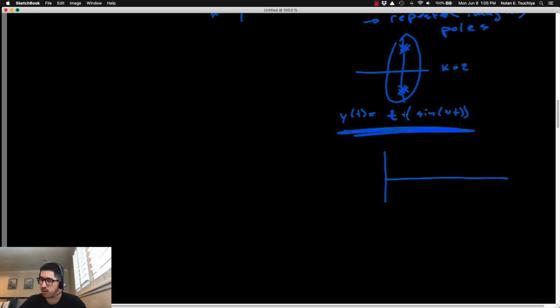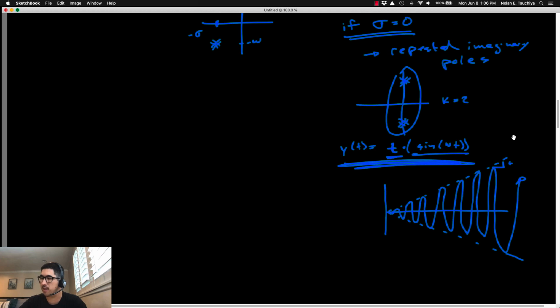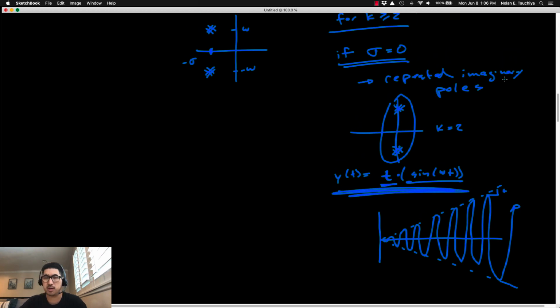So plotting y of t equals t, that's just a linear slope, right, of slope t. And because you're multiplying that by a sine wave, this linear function serves as the envelope for this sine wave. So you're going to get a response that looks like this when you have repeated imaginary poles. That's just what the mathematics tell us about that particular scenario.